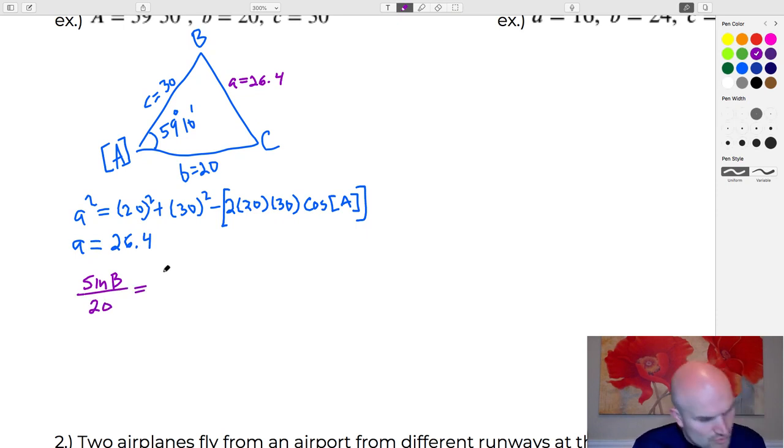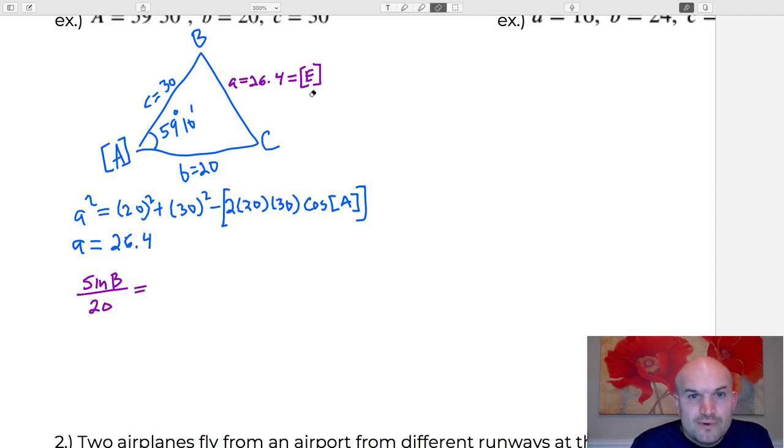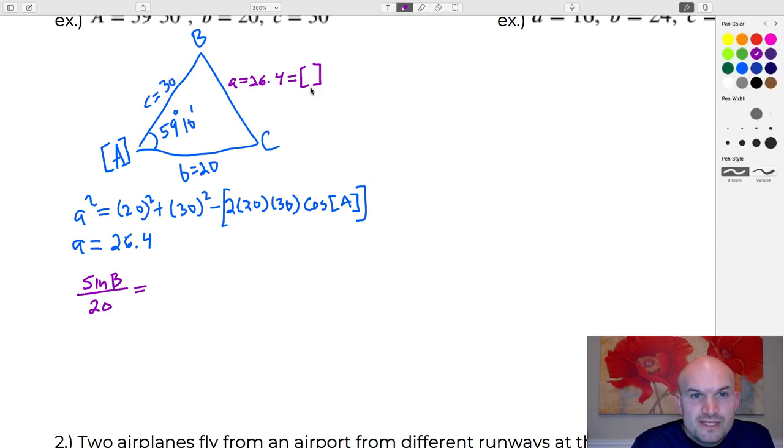Oh, did I not store? So here's my new angle A, right? Now I'm going to store this. This can get a little confusing here. Actually, let's store this as D, because I don't want to get this confused with the A, B, and C of the angles.